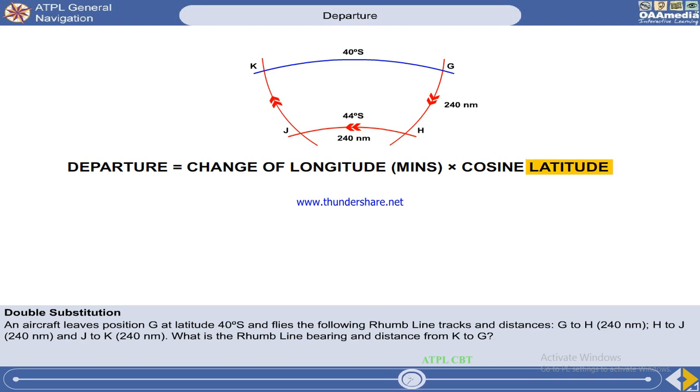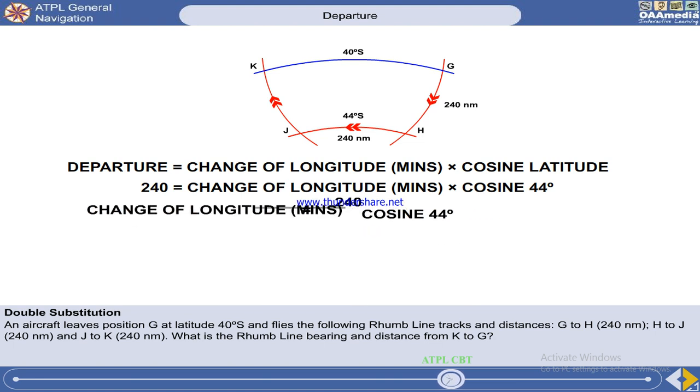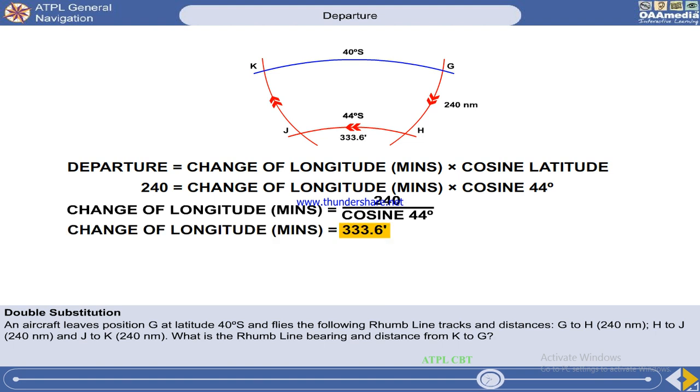The latitude is 44 south. And the departure is 240 nautical miles. Solve to get the change of longitude from H to J as 333.6 minutes. This is the same as the change of longitude for the departure between K and G. They're the same two meridians.